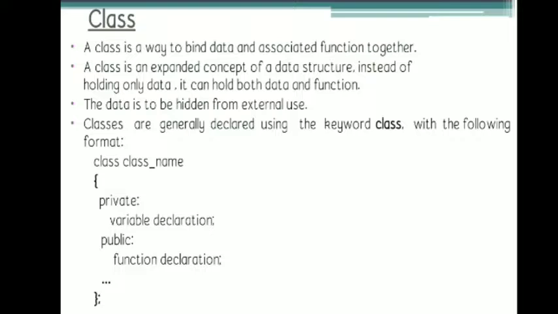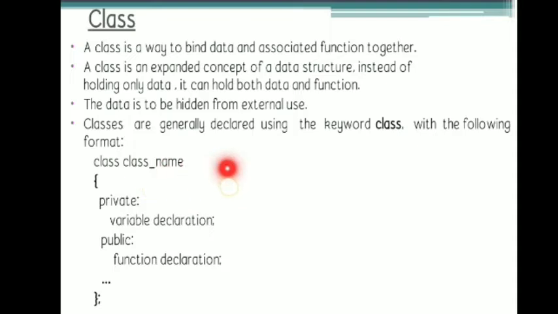Within this we are going to define two things: one is data, another is function. For defining data we use the variable declaration, and for defining a function we use the function declaration. These two constitute a class definition. After defining it we use the close bracket, and at the end we put a semicolon, which says that the class definition is completed.